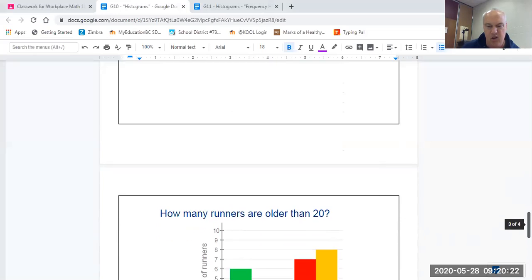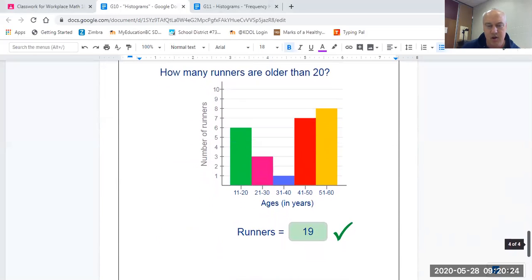Now, let's take a look at another one that's very similar, asking how many runners are older than 20. When we look at the ages of runners that are older than 20, the only one that is not older than 20 is this one here. So that one doesn't fit. But any of these 4 columns do fit because all of these people are over the age of 20.